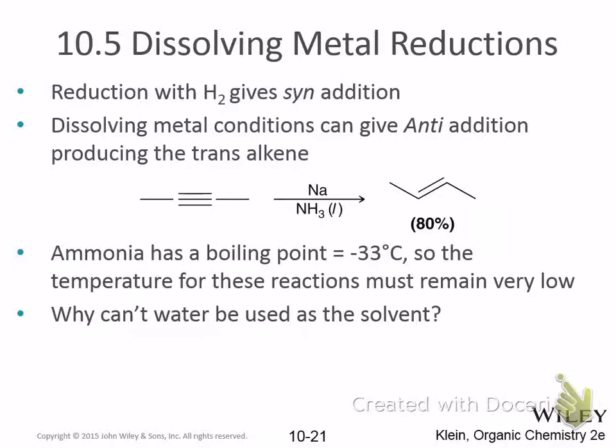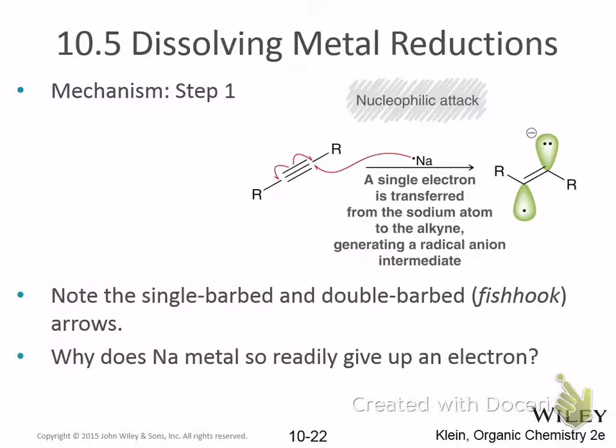Okay, so here's the mechanism. And this is the first time we've seen a one-headed electron arrow. So if you look here, this electron arrow has one barb on it. So the sodium metal, what's sodium cation's charge? +1, right?